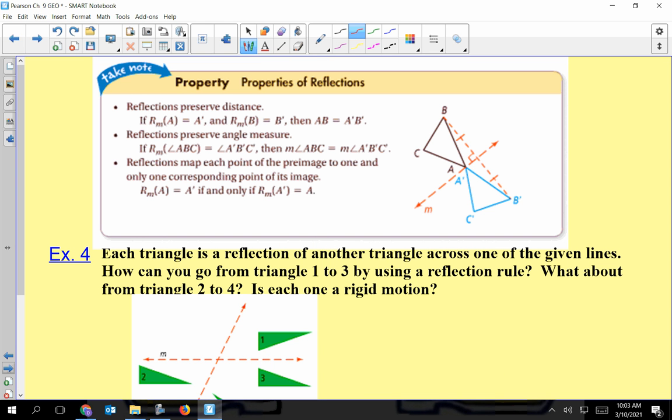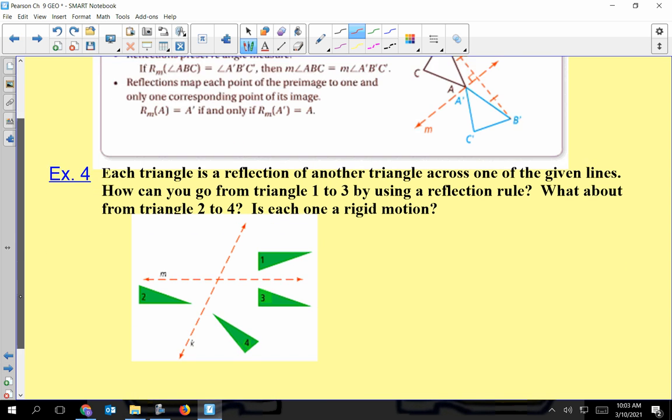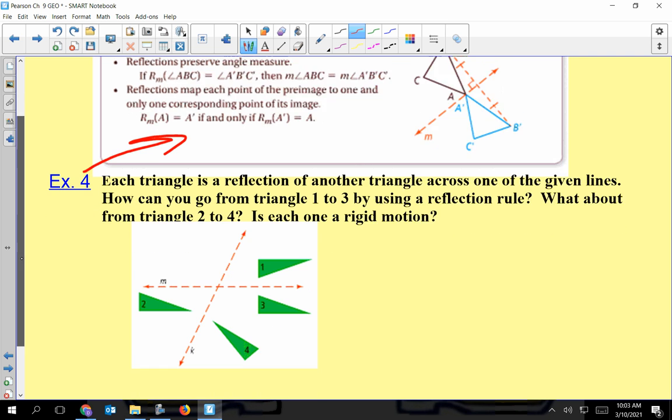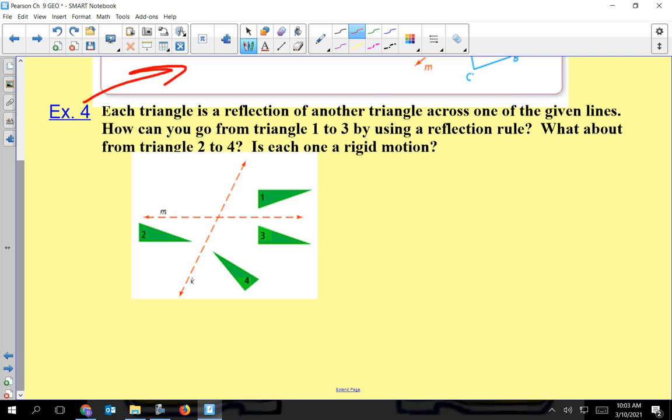Just really quick, these notes right here are a reiteration of what we did earlier. If you got these, just draw these 2 lines. It's not a graph, it's just 2 lines in a plane. This is line K, this is line M, and then you have these 4 triangles. The question is asking, which line did I reflect some of these across?